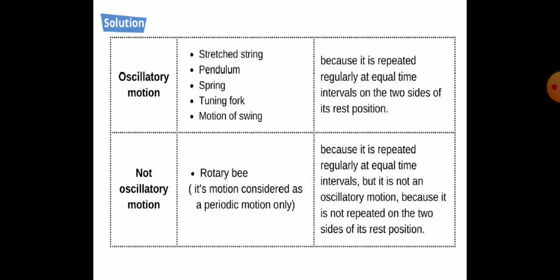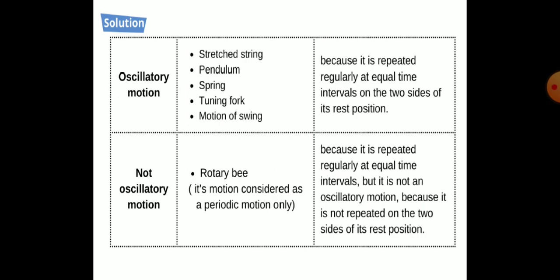Okay, so the solution. The oscillatory motions are: number one, stretched string, number two, pendulum, number three, spring, number four, tuning fork, and finally, motion of swing. All these movements are oscillatory motion because they are repeated regularly at equal periods of time on the two sides of the rest position.